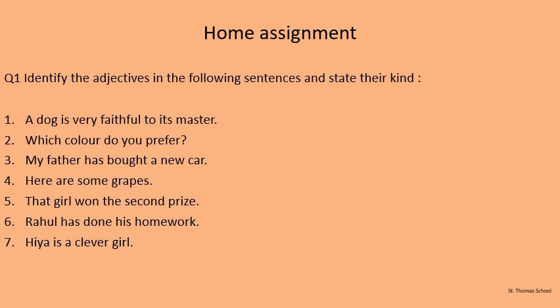Home assignment: write down these exercises in your notebook and write down their answers with a pencil. Question number 1: Identify the adjectives in the following sentences and state their kind. You have to first pick out the adjective from the sentence, and then write down which type or kind of adjective it is.